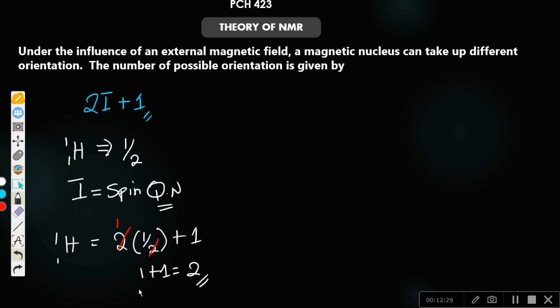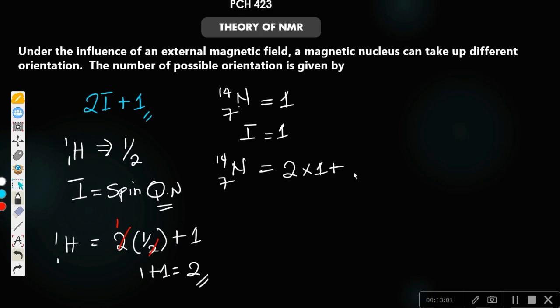Now, let's look at deuterium and nitrogen-14. I've explained that nitrogen-14 has a spin quantum number of 1, right? So the spin quantum number, our I value, is 1 for nitrogen-14. So what do you think is the possible orientation for nitrogen-14? It will be 2 times 1 plus 1.